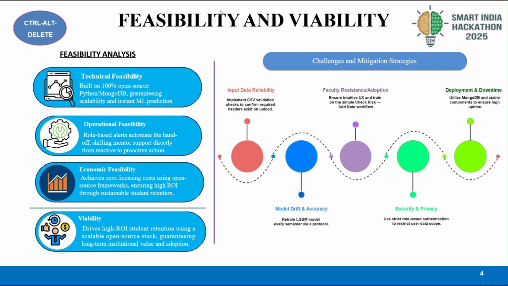While we are confident in our project's feasibility, we have also anticipated potential challenges and have proactive solutions ready. To ensure input data reliability, we implement CSV validation checks to confirm all required headers exist on every upload. To combat model drift and accuracy issues, we have a protocol to retrain the LightGBM model every semester to keep it sharp.